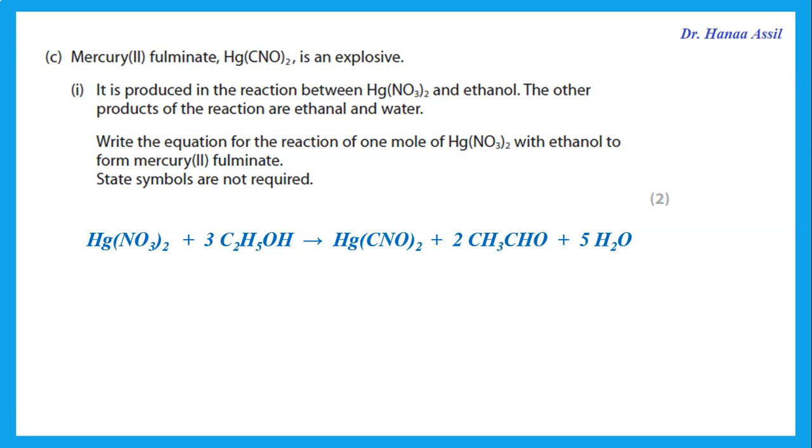Again, don't write ethanal as C2H4O. That's the molecular formula of ethanal. But when we write it in an equation, we need to indicate that it's an aldehyde, so it is CH3CHO plus water. Okay, and this is the balancing of the equation.